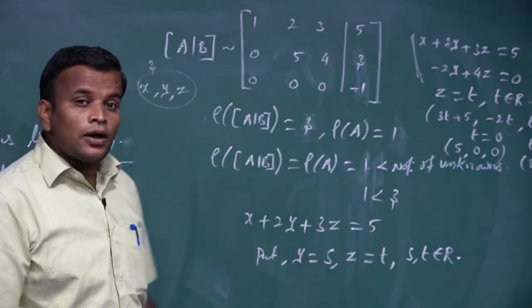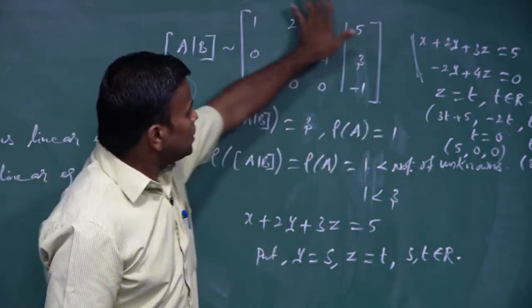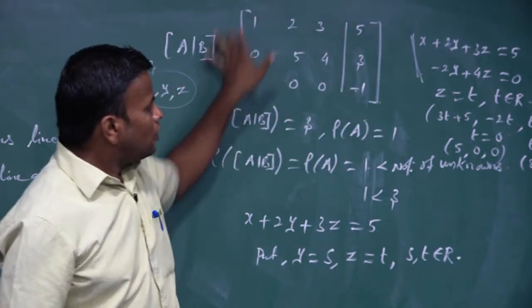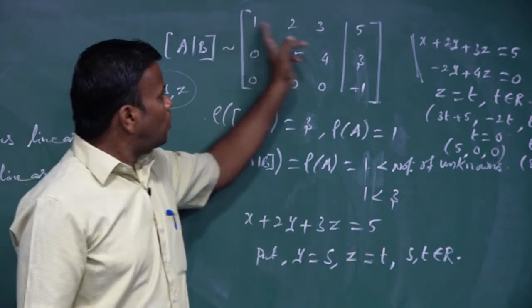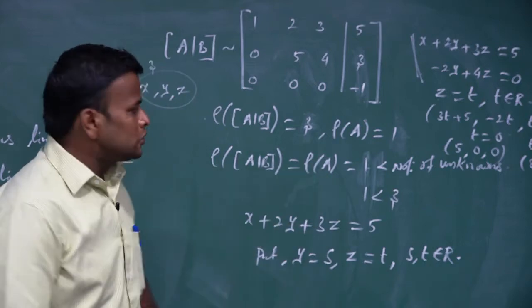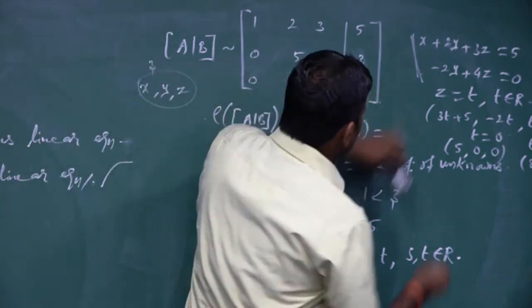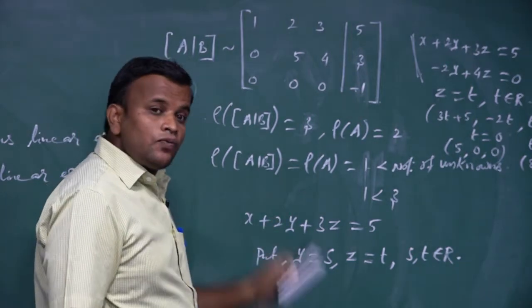What is the rank of A? We don't consider the last column. So it is the matrix A. What is the rank of A? That is the number of non-zero rows: 1, 2. You see the third row is fully 0. So the rank of A is 2. Now you see both the ranks differ.